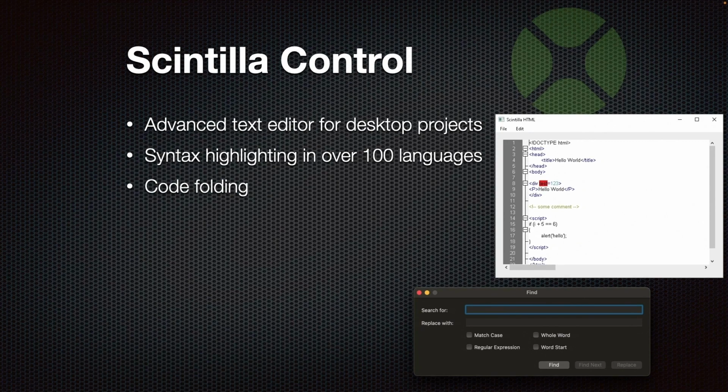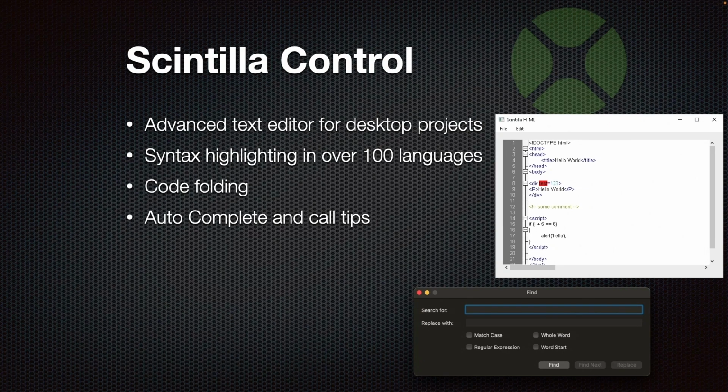We have code folding, so if you like, you can fold if statements or loops. We also have support for auto-completion and call tips, so you can define how the control reacts to auto-completion and provide it with the suggestions.